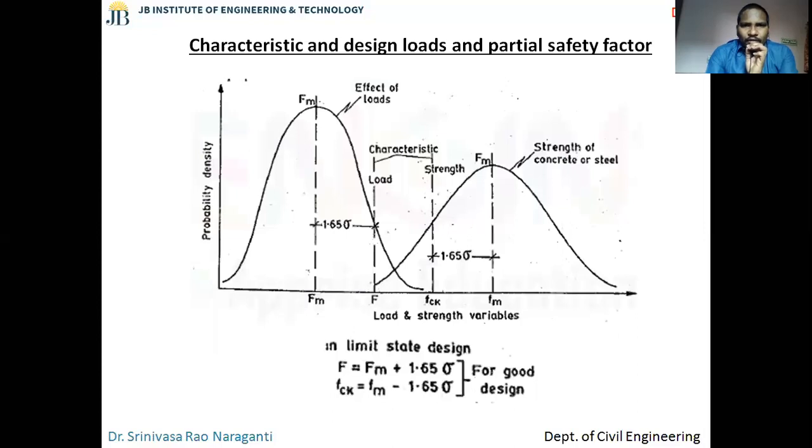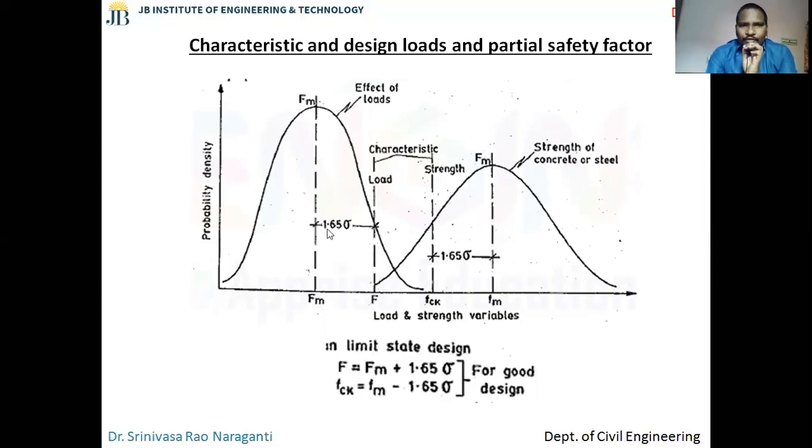Now, from concrete technology we also know that when you test a number of samples, they follow a normal distribution curve. We assume that loading is also following a normal distribution, and the concrete material when you test is also following a normal distribution. Fm means mean strength, the mean load value and the mean strength of the concrete.